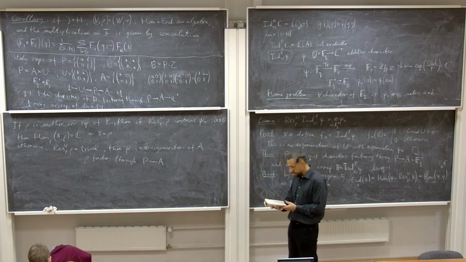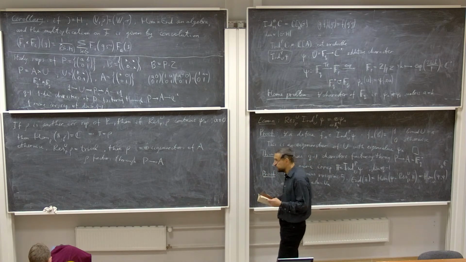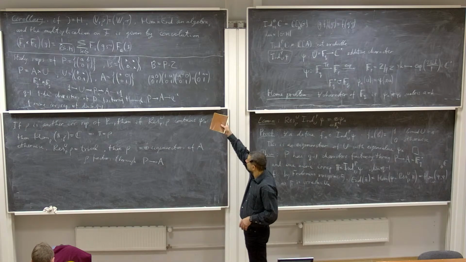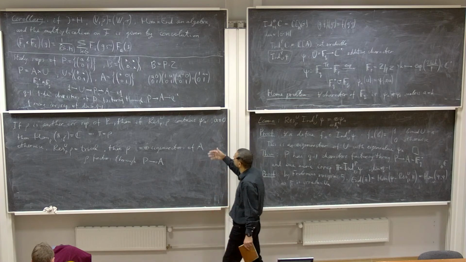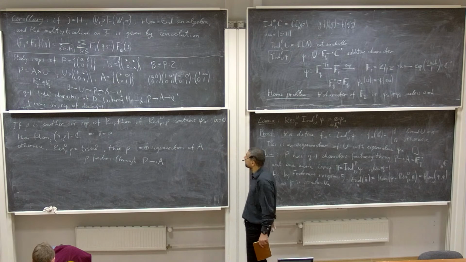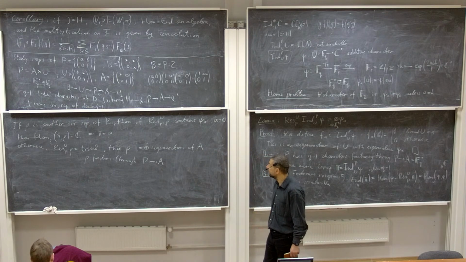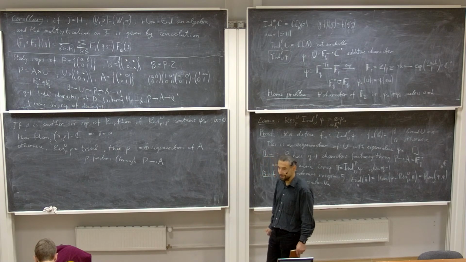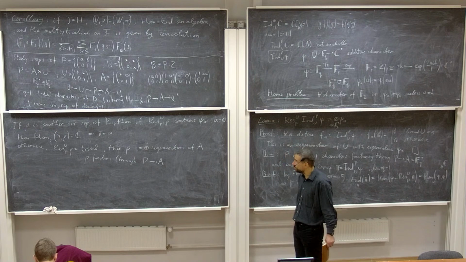Thank you. And next time we will deduce some classification of Borel representations. It's trivial because it's just the direct product with the center. But then we'll start inducing from Borel to the whole of GL2, and this will be interesting. In fact, this is what is called the principal series representations.